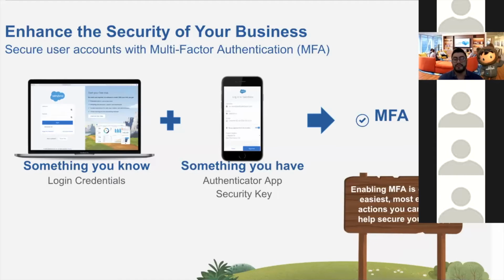So by tying logins to multiple types of factors, even if a hacker steals your user's username or password, odds are very low that they can also guess or impersonate something like a secure authenticator app on a mobile device or a physical security key. Salesforce products support several types of authentication methods for MFA, and more on that on the slides to come.